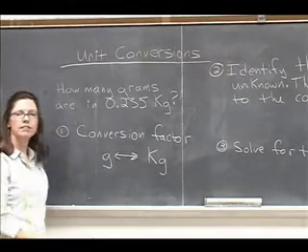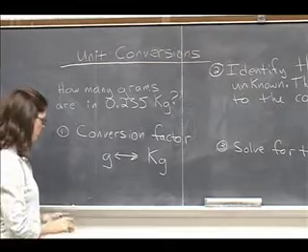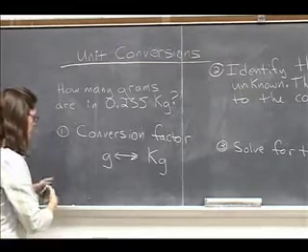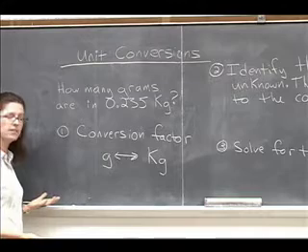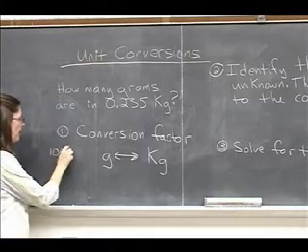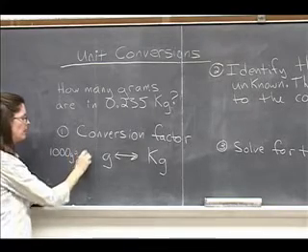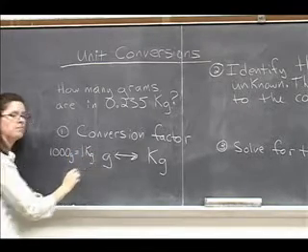So we can write the conversion factor a number of different ways, and I'm going to show this several different ways. We know that 1,000 grams is equal to 1 kilogram.